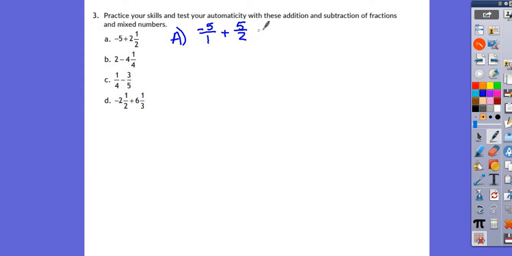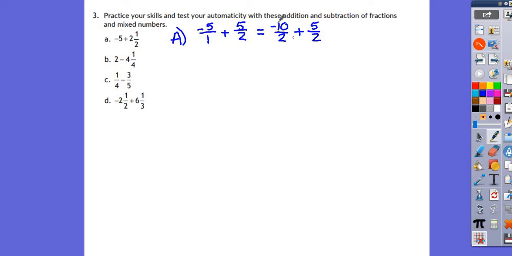My common denominator between a 1 and a 2 would be a 2. So I need to change this to have a denominator of a 2. How does 1 change to 2? Multiply it by 2. So multiply negative 5 times 2. I get negative 10. This has already got a denominator of 2, so I'm good.